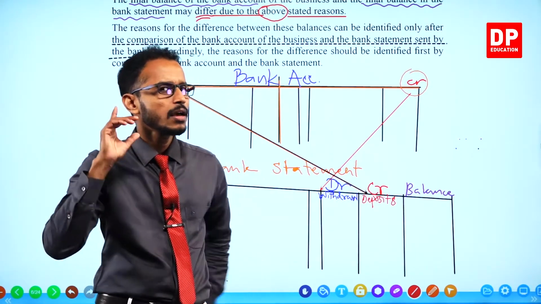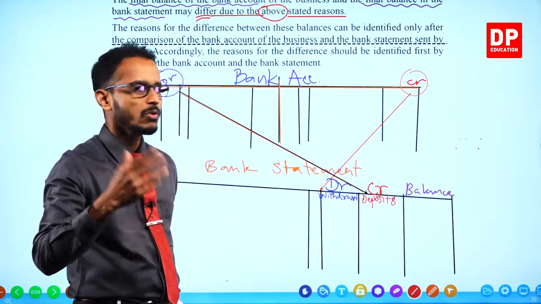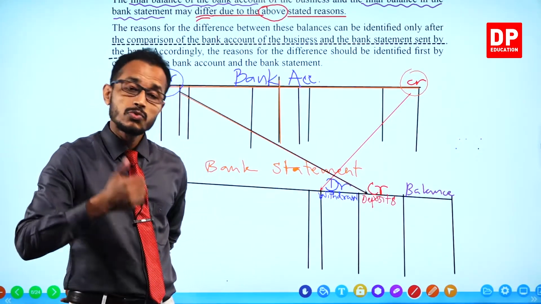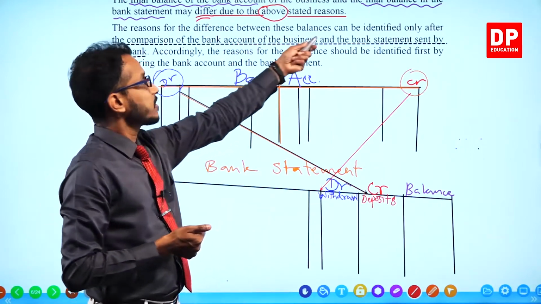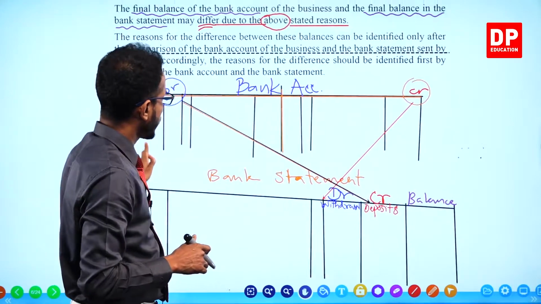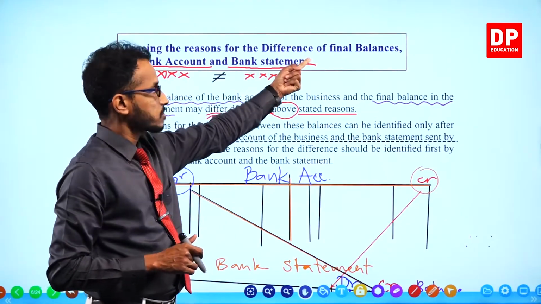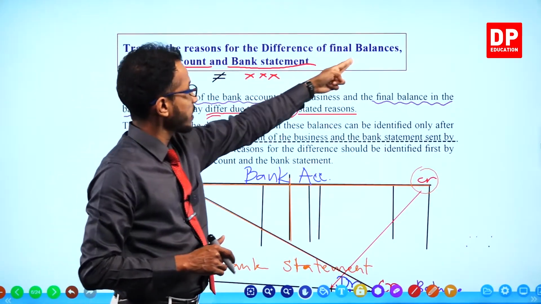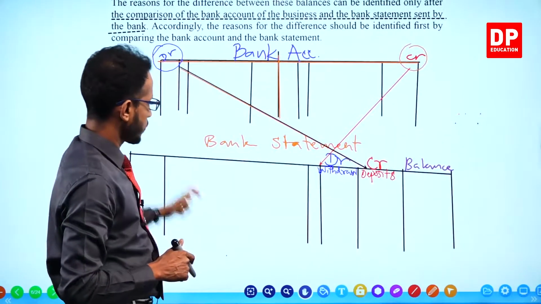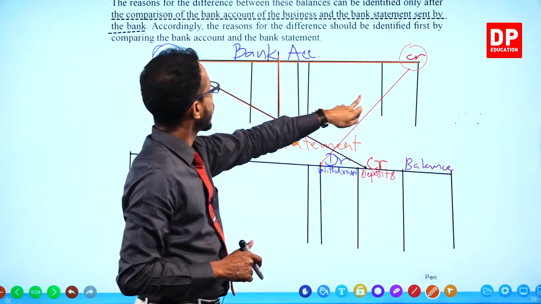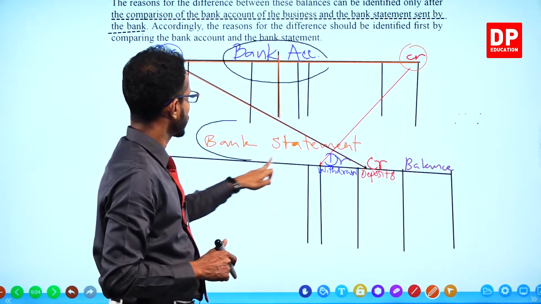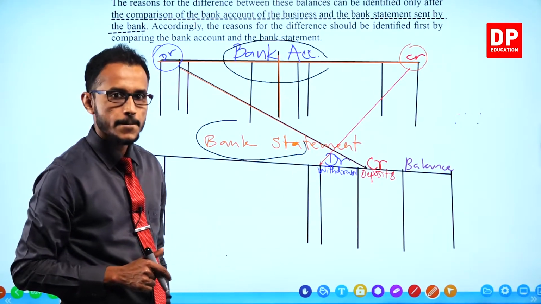Of course, we need to find the reasons for the differences. We need to find the reasons for the difference in the final balances of this and the final balance of this. Yeah? All right.